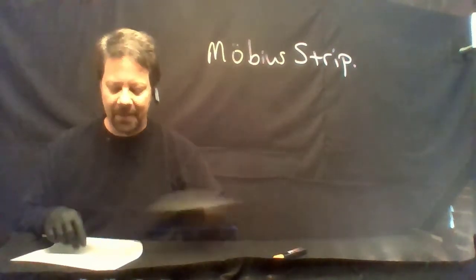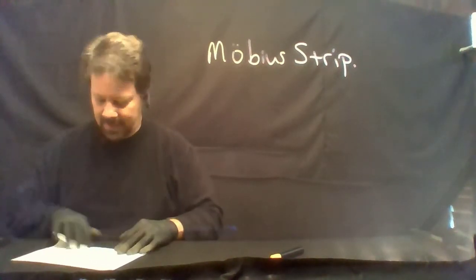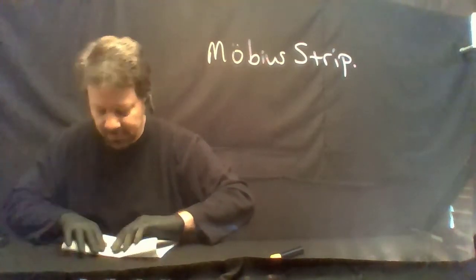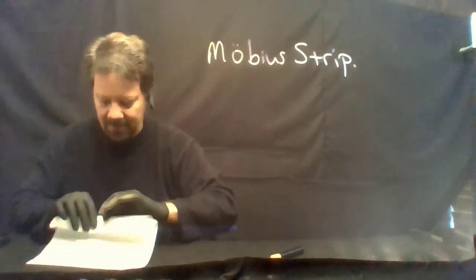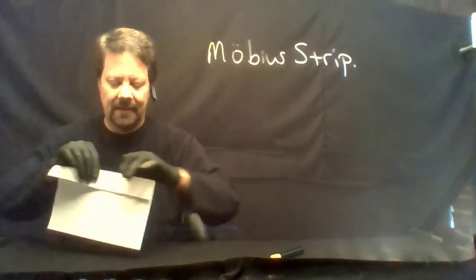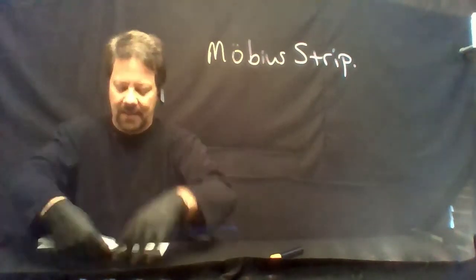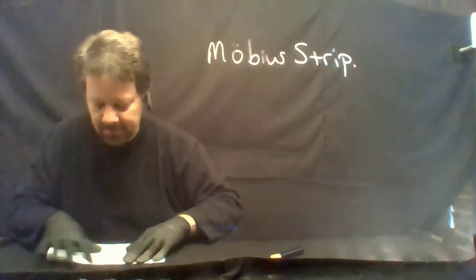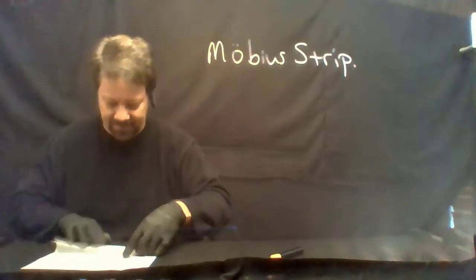I'm going to make it from a sheet of paper. I'm going to tear off a little tab. Let's see. I'm going to fold this lengthwise. We're just going to tear off a little strip. We'll fold it back and forth a couple times.